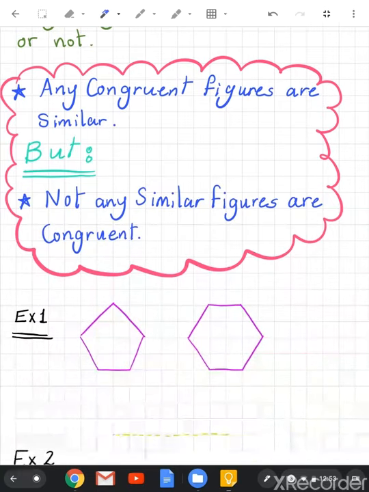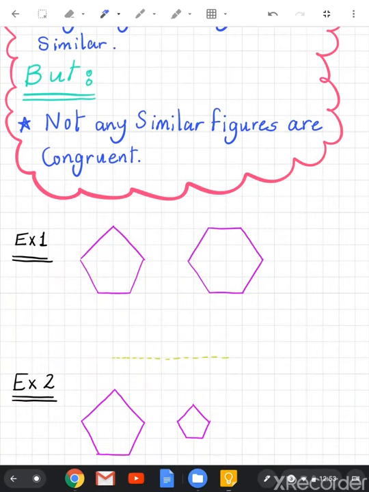Let us see here. In example number 1, the two shapes are different. The first is a pentagon, and the second is a hexagon. So can we call them similar figures? Of course not.